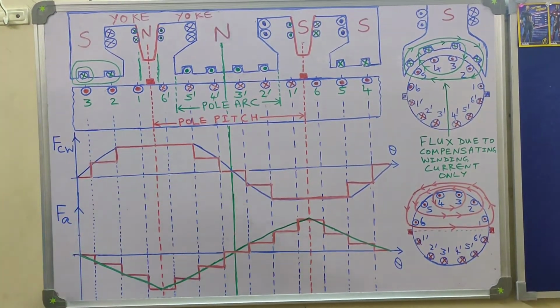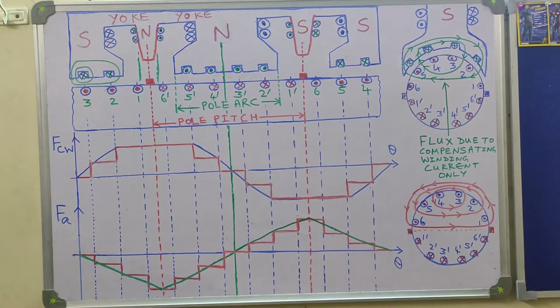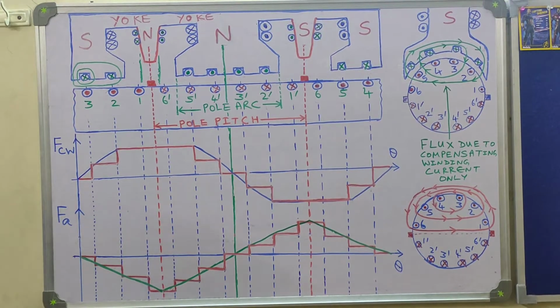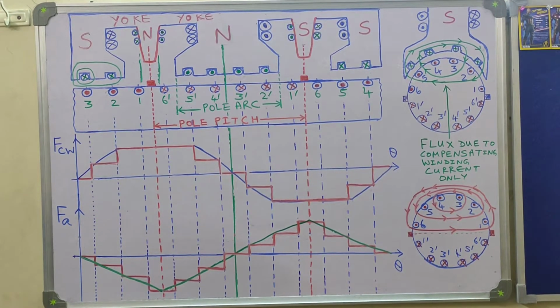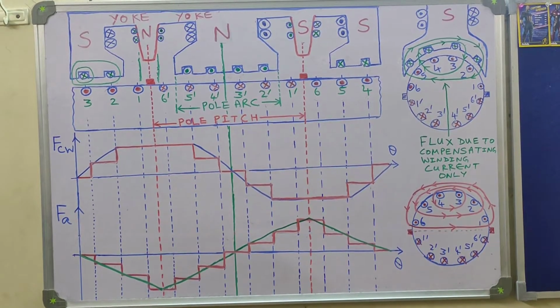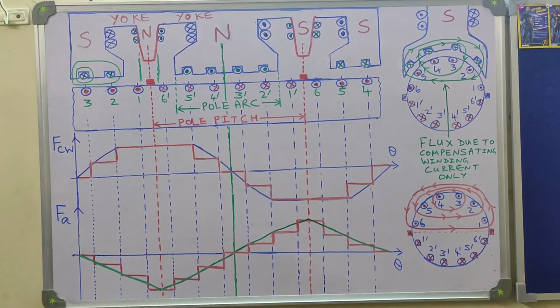Or rather, we can put it in a different way: the armature MMF under the pole faces is cancelled by the compensating winding.